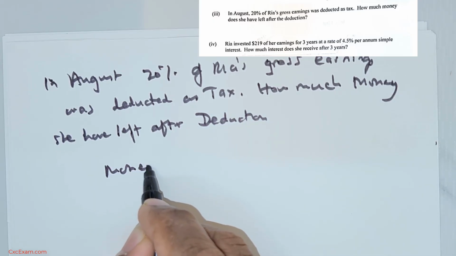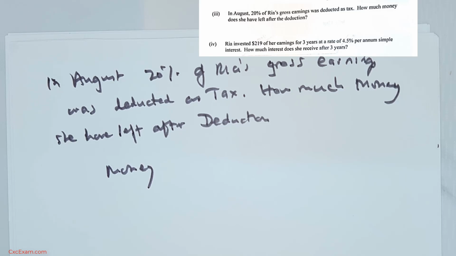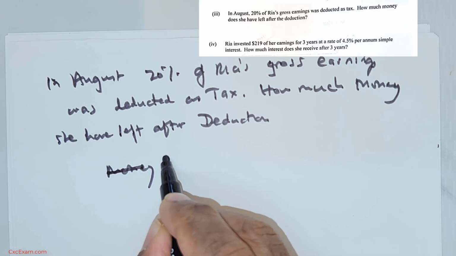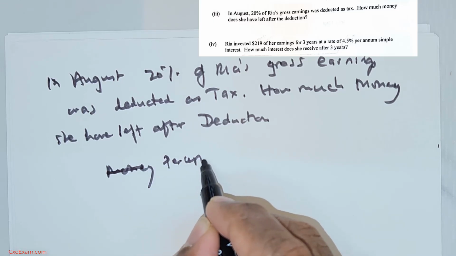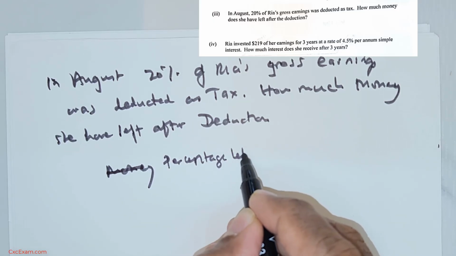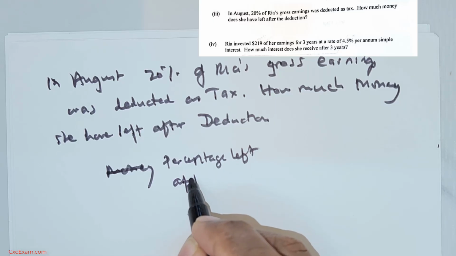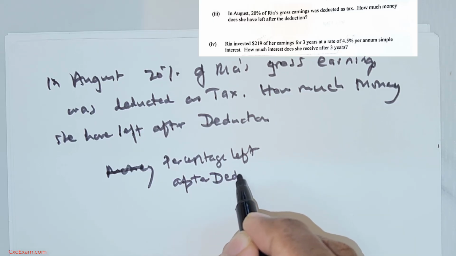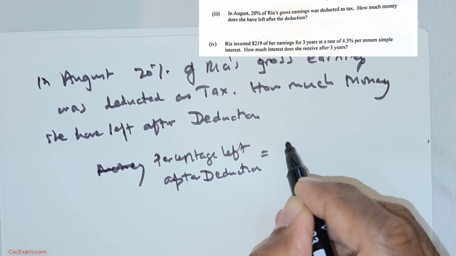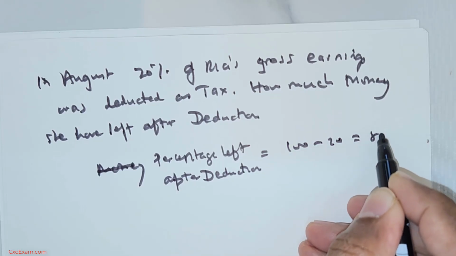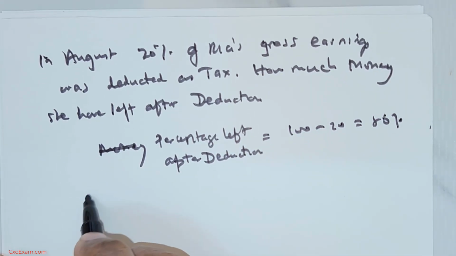So this is the solution. So percentage left, okay, I will start like that. Percentage left after deduction is nothing but 100 minus 20 is equal to 80%.